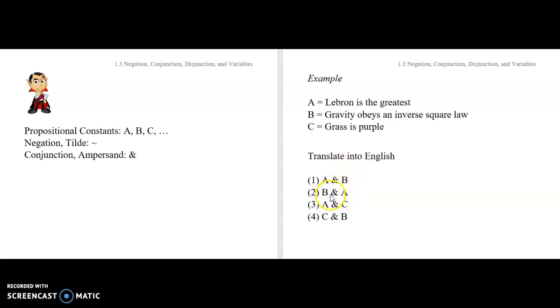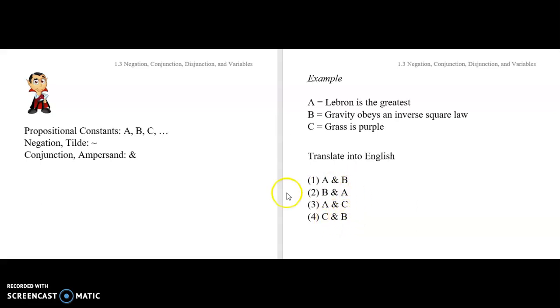To translate it correctly, this would be translated: gravity obeys an inverse square law, and LeBron is the greatest. So you want to be a little bit sensitive to that, okay? And this one translated is: LeBron is the greatest, and grass is purple. And then this one is: grass is purple, and gravity obeys an inverse square law, okay? Nothing too bad, right?